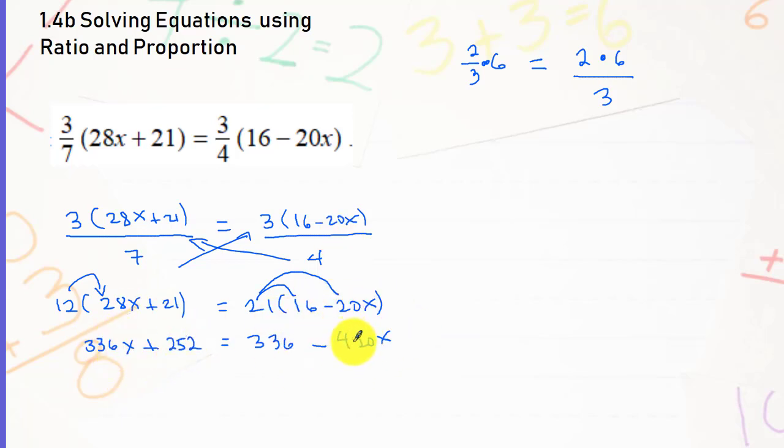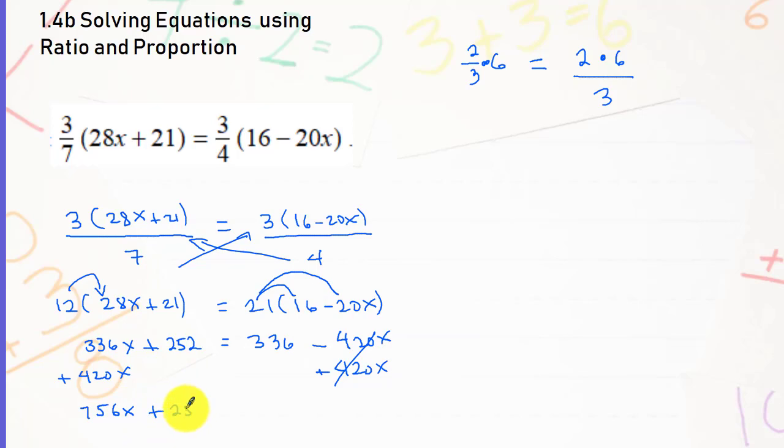So I'm going to undo our variable x. So this x here has a smaller coefficient. It has negative 420. So I'm going to add 420x to both sides. Additive inverse, this will cancel out. I'm going to have here 336x plus 420x is just equal to 756x.